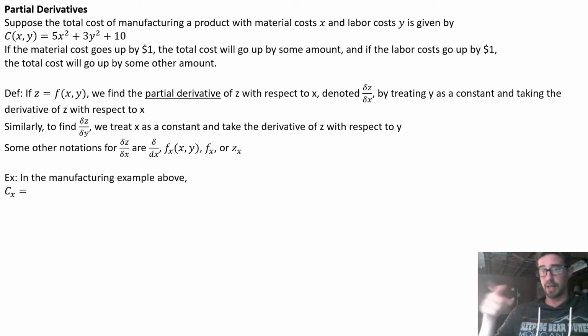The derivative of a constant is 0. So that goes away. Just like the next term, which is 10, the derivative of a constant is 0. So nothing survives that. Only x gets treated as a variable. All the other stuff gets treated as a constant, which is nice because when you're differentiating, constants generally go away. So C sub x is literally just 10x.